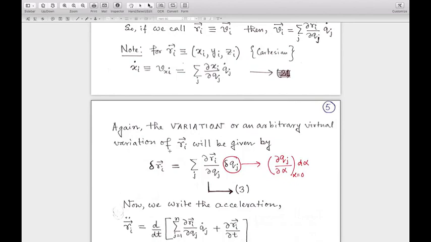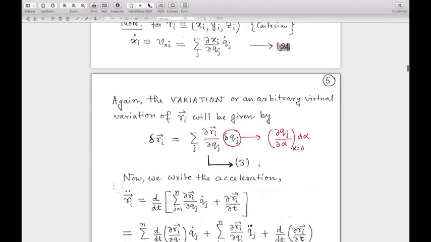Now, if we think about the variation which we just talked about in the previous lecture, or an arbitrary virtual variation of Ri, then that will simply be given as delta Ri, which is equal to the summation over j of del Ri del Qj times delta Qj. Now remember, delta Qj is nothing but the variation or the change of Qj just by changing those alpha parameters, and keeping t, or if you remember for the previous example, the x, which is the intrinsic independent variable, constant.